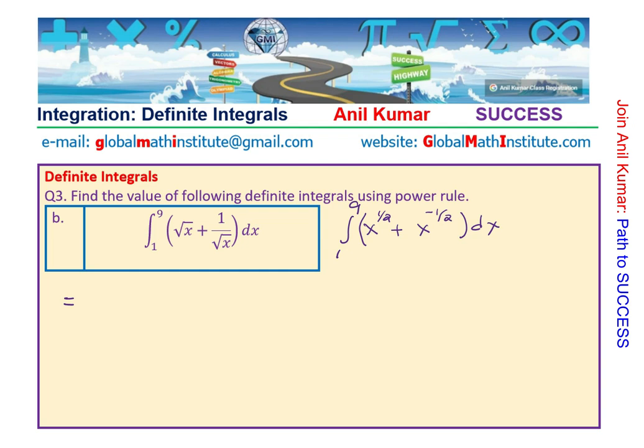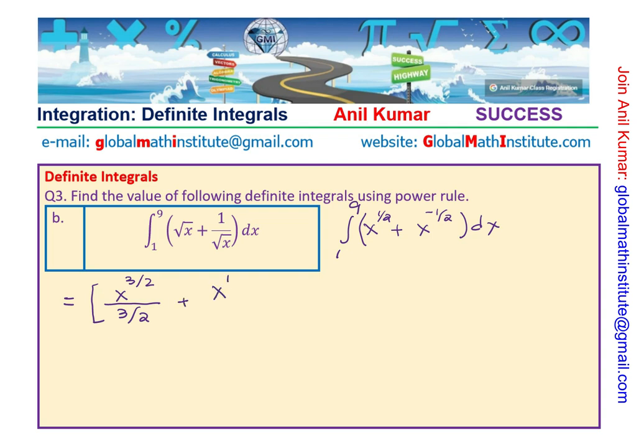So now, let's write down the value from 1 to 9, or we'll just give the limit. So let me save some space here. X to the power of half plus 1 will give us 3 by 2 over 3 by 2. And here we have plus x to the power of minus half plus 1, which will be half, right? Divide by x to the power of half. And this is from 1 to 9.